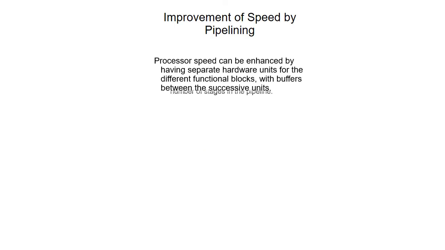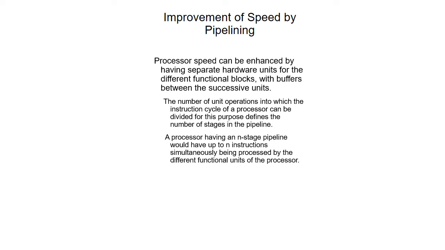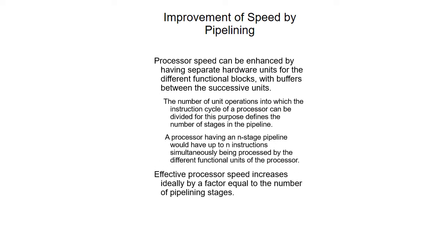Next, improvement of speed by pipelining. The processor speed can be enhanced by having separate hardware units for the different functional blocks, with buffers between the successive units.